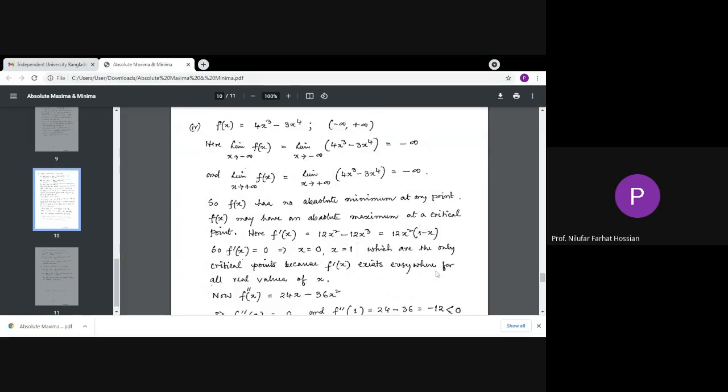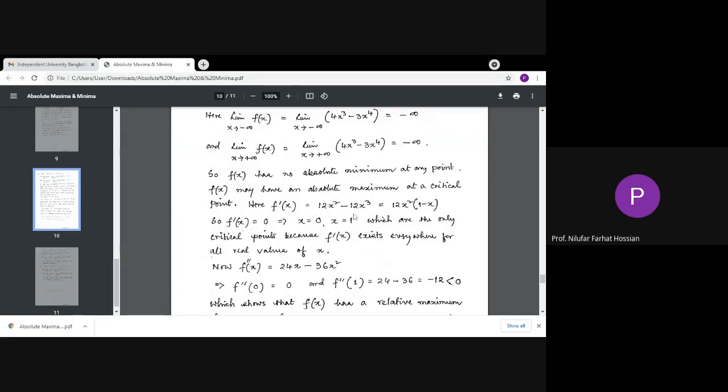So there will be 2 critical points, x = 0 and x = 1, because when x = 0 and x = 1, f'(x) becomes 0. And f'(x) is defined everywhere for all values of x, so you are getting the critical points only from one condition, f'(x) = 0. And these are the 2 critical points. So let us now find the second order derivative.